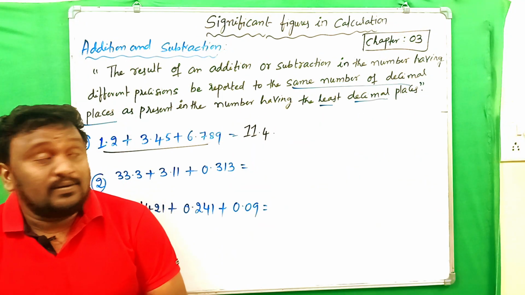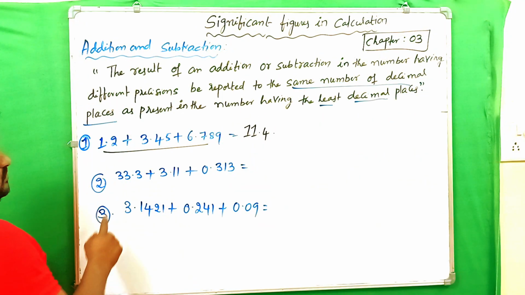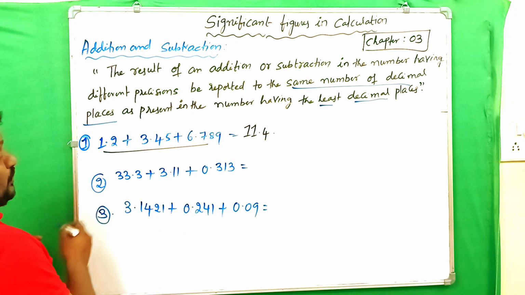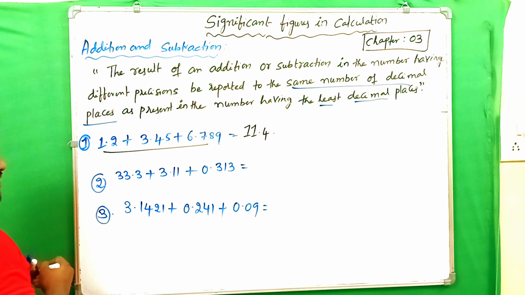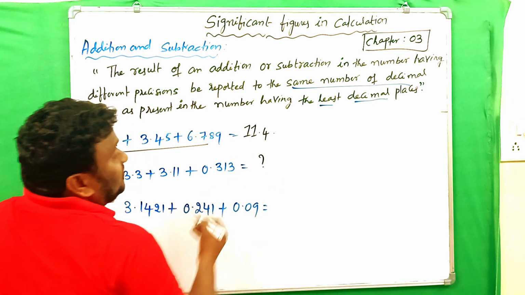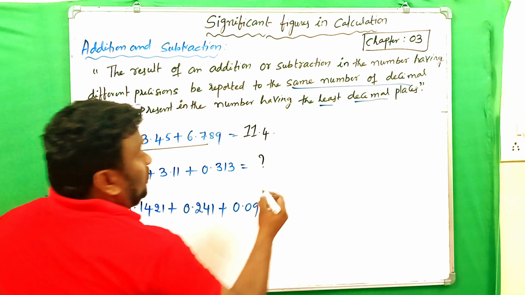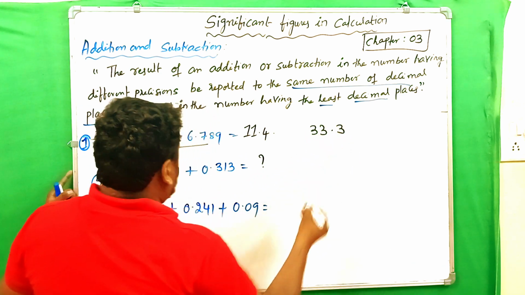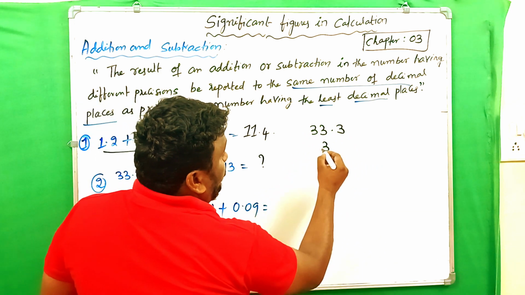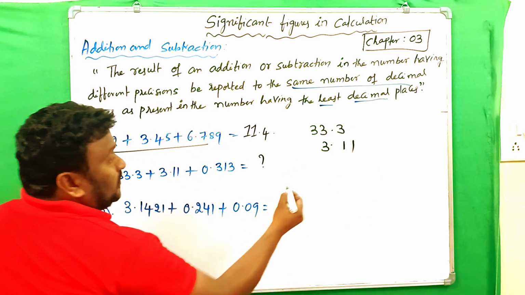See the next example. We have the same kind of question: 33.3, 3.11, 0.313. We have to find the value and round it up to the required decimal places.